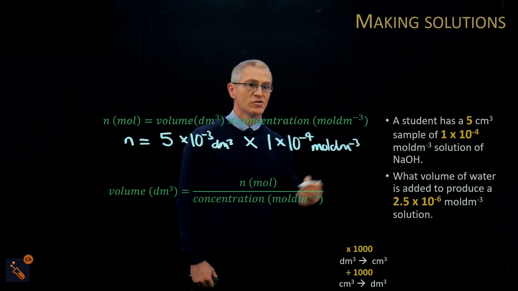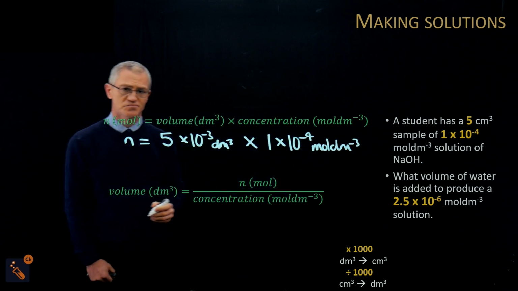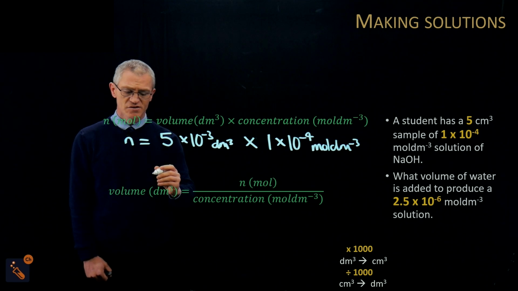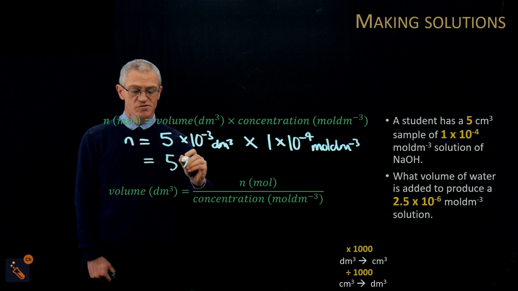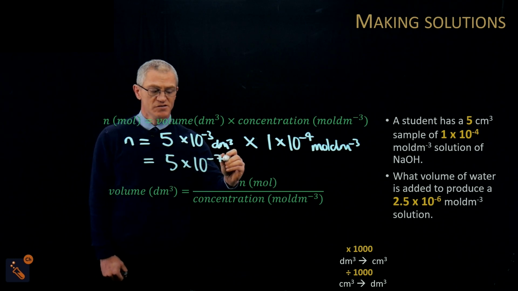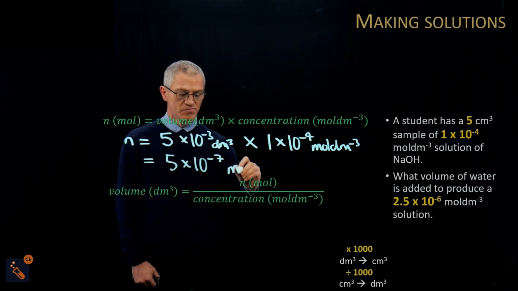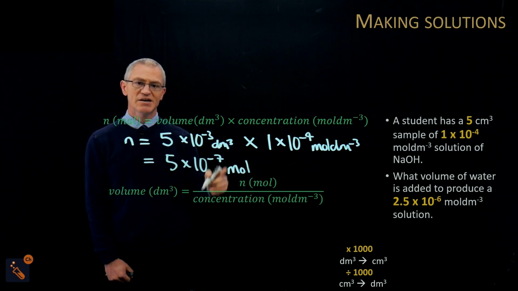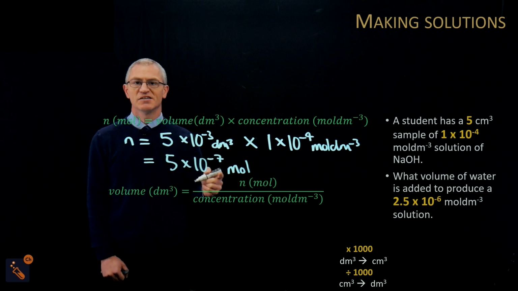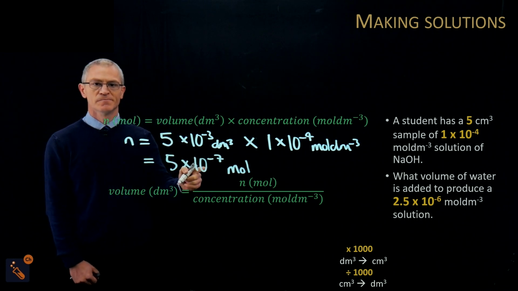So we've done a volume times a concentration. And then from there, our number of moles will be 5 times 10 to the -7. Again, that's just me putting it into the calculator.